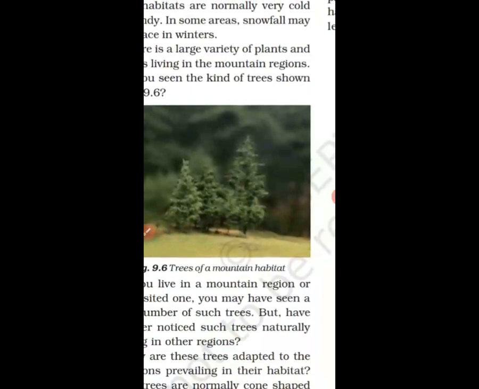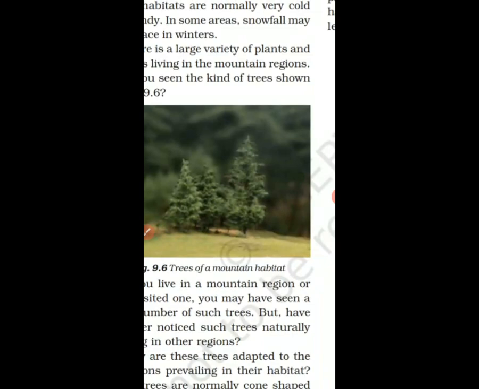So these trees are normally cone-shaped and have sloping branches. What type of trees are there? They are cone-shaped, pointed from upwards and broad from the down, and have sloping branches so that the snowfall which occurs can be easily got rid of from their branches.